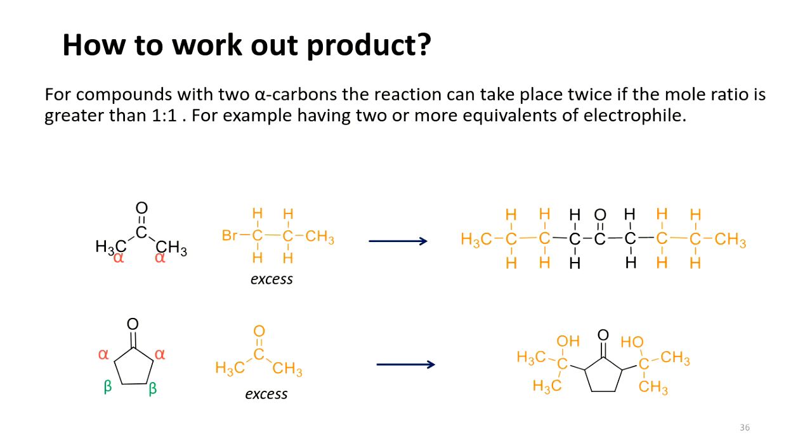Okay, so we're going to look at some examples. Here we have acetone, and there are 2 possible positions in which we can form a carbanion.